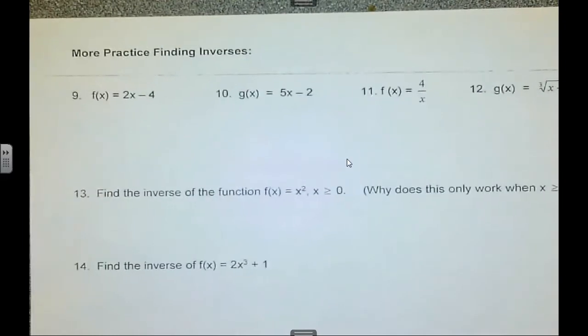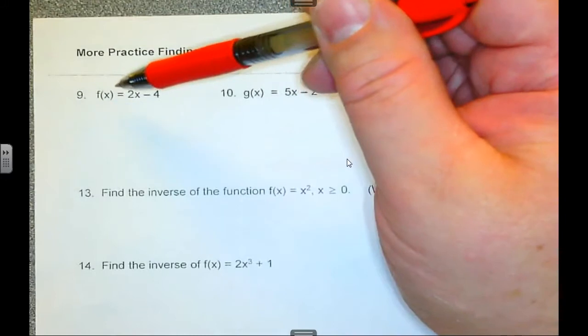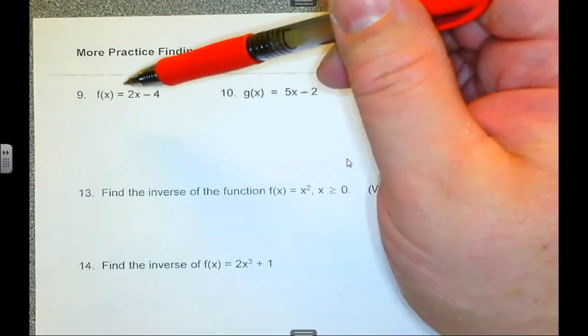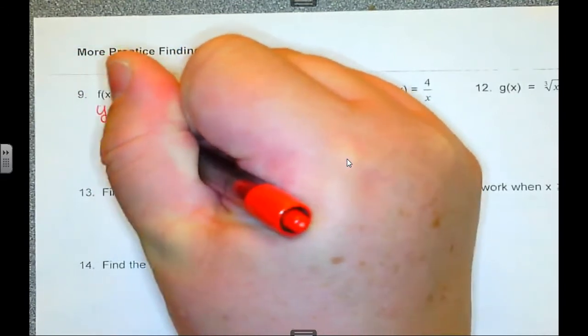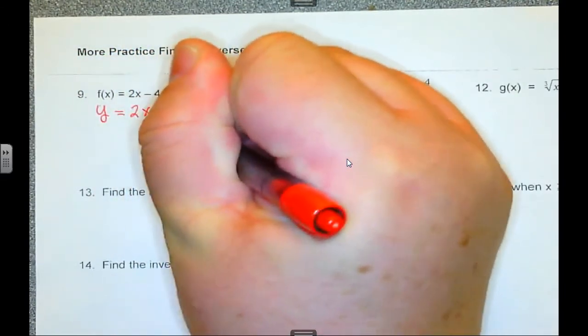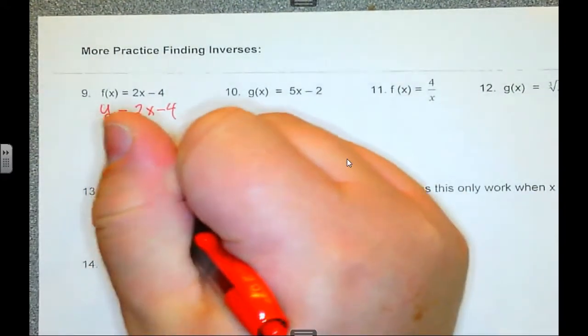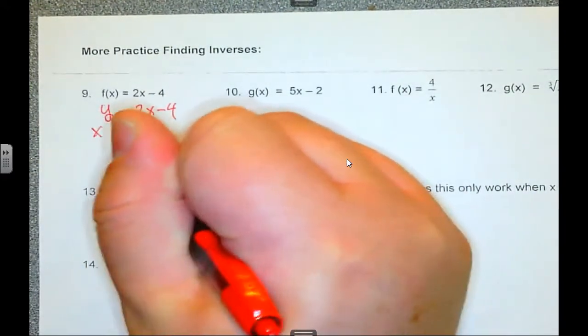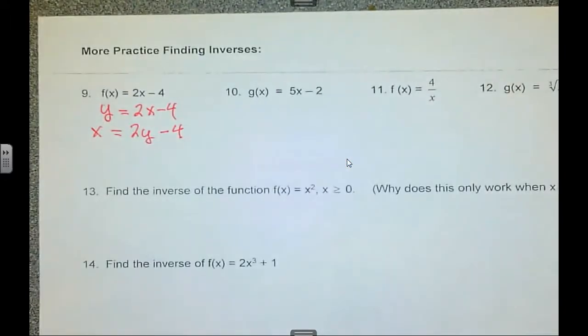Okay, number 9. By the way, the f of x is just a fancy way of saying y. Find the inverse. So x equals 2y minus 4, then solve for y.